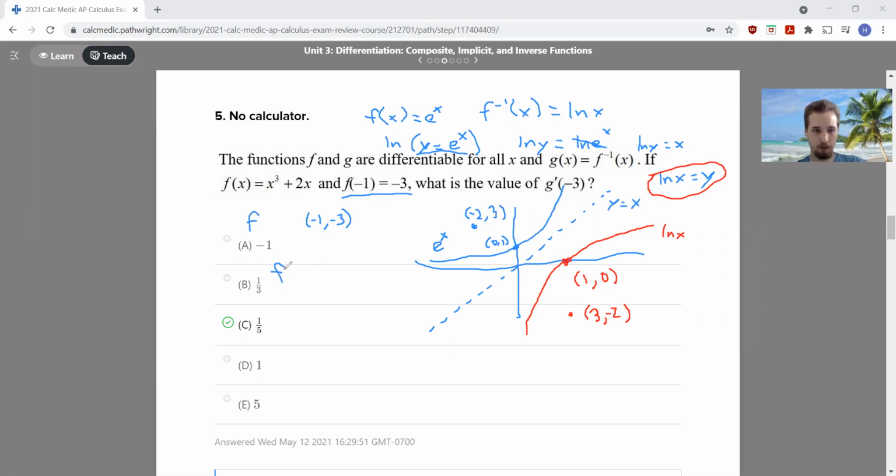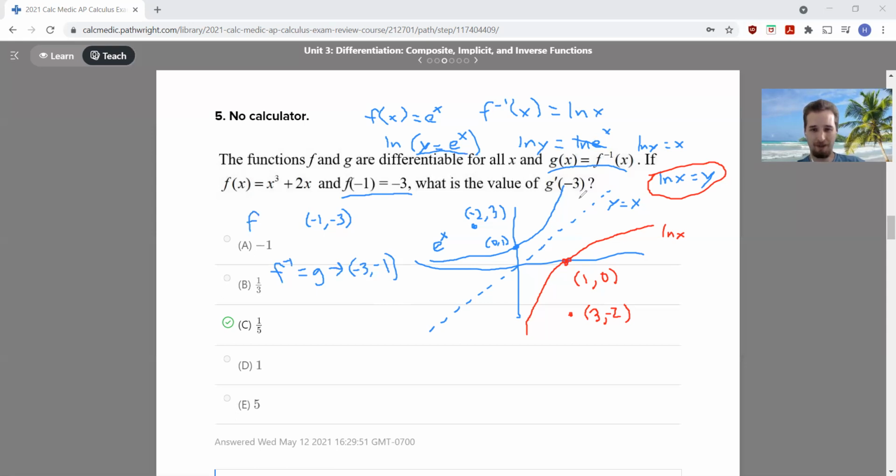So the inverse of f, which is equal to g, because that's what they gave us, is going to have a point -3, -1. Okay, because if f has a point of -1, -3, well, then the inverse is going to have the inverse coordinate, -3, -1.